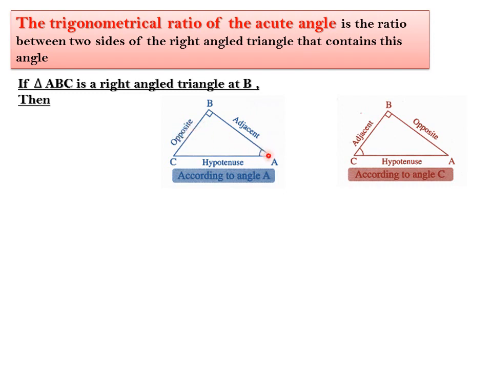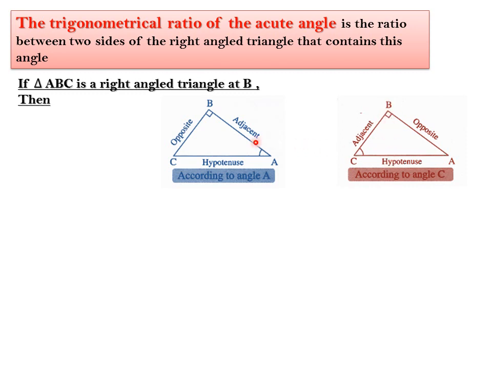Opposite for the angle A, adjacent for the angle A. By the same way, for angle C, the opposite is AB. The adjacent for angle C is BC, and the hypotenuse is the opposite for the right angle B.